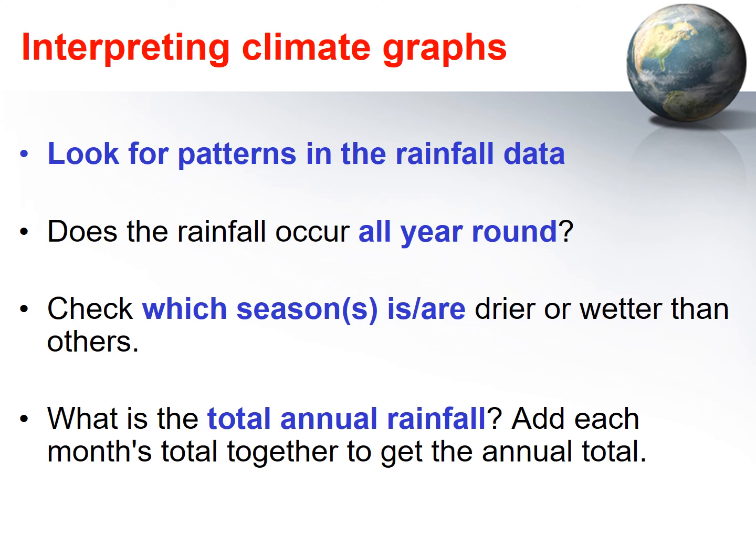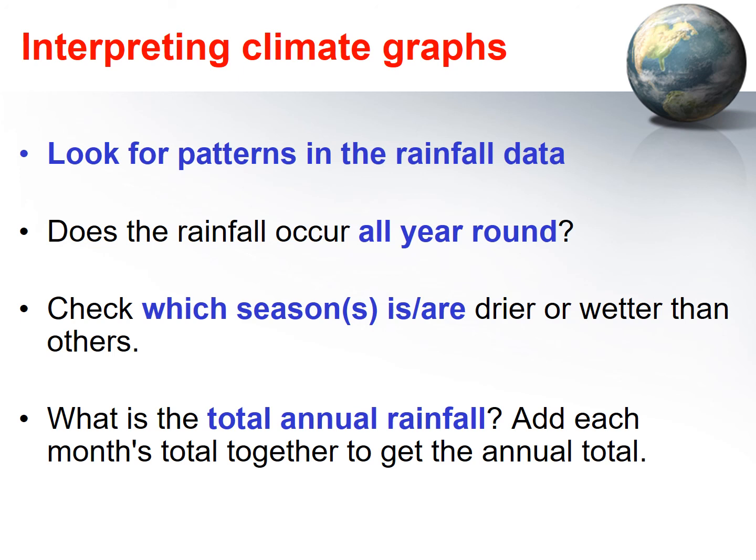When you are also interpreting climate graphs, like you do for temperature, for precipitation, you also want to look for patterns in the rainfall data. And some of the patterns you want to look for is first, does the rainfall occur year-round? Or do some months have more precipitation than others? For the seasons, you want to figure out which seasons are drier and which seasons are wetter based upon the average amount, and what is the total annual amount of rainfall.